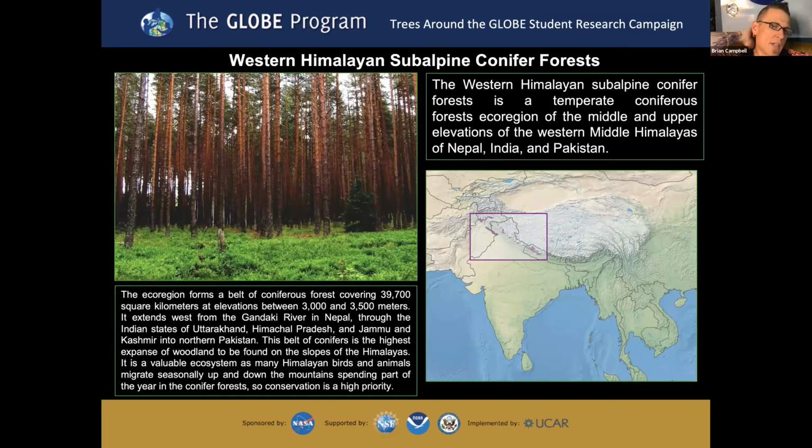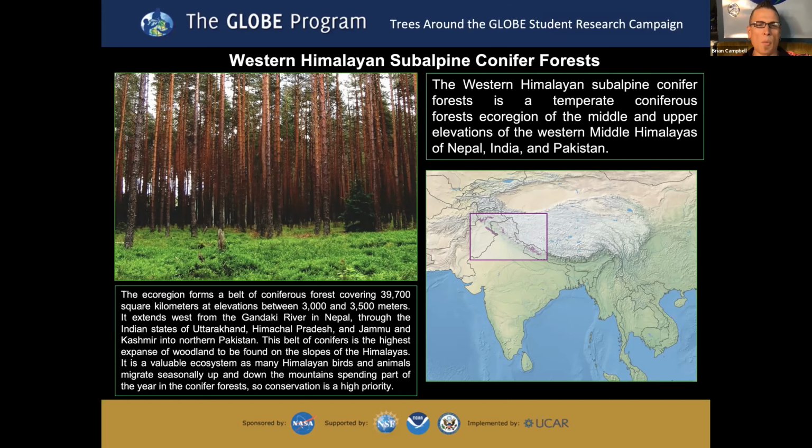I always like to showcase some type of tree or trees or areas on the planet that relate to the area that we're talking about during the webinar. And these happen to be the Western Himalayan subalpine conifer forests. And you can see here that they're a temperate coniferous forest ecoregion of the middle and upper elevations of the Western Himalayas in Nepal, India, and Pakistan.